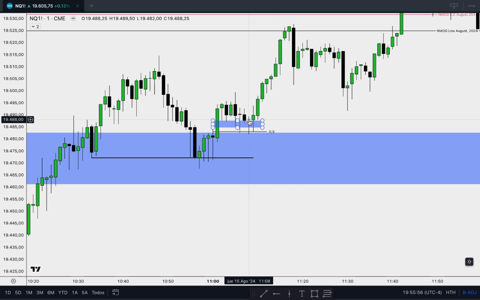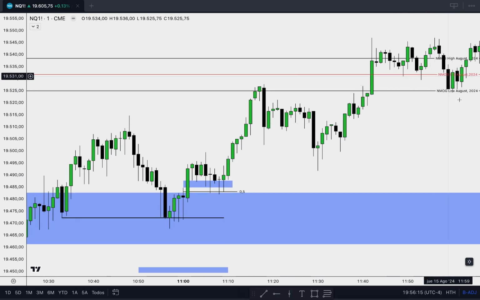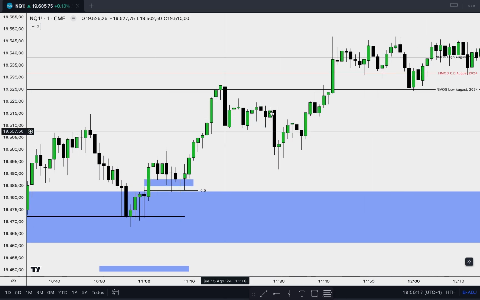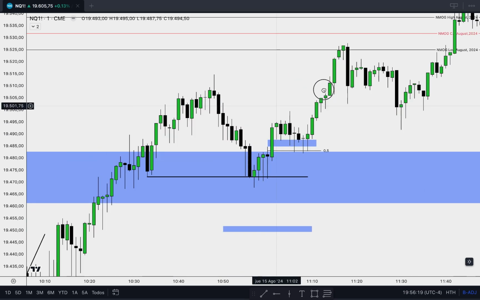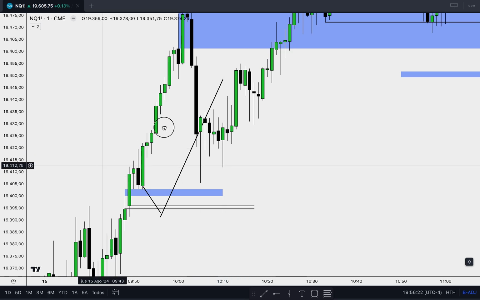This was my long at 11:08, and this is inside the macro of 10:50 to 11:10. This was my entry right here, and my draw on liquidity was the new month opening up here. Okay, beautiful.